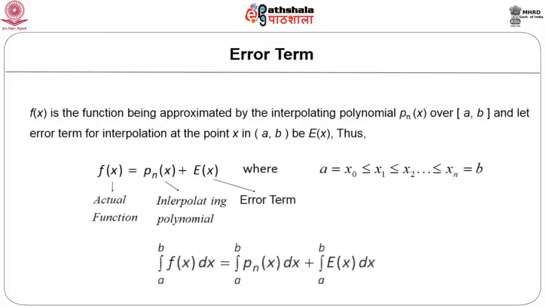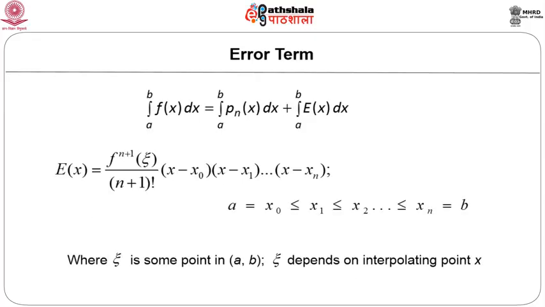Already you have learned in interpolation that if f(x) is approximated by a polynomial of degree n, then f(x) is given by p_n(x) plus E(x), where E(x) is the error term, and the expression for the error term is given by f^(n+1)(xi), that is the (n+1)th derivative of f at the point xi, divided by (n+1) factorial, into (x minus x0)(x minus x1) up to (x minus xn).